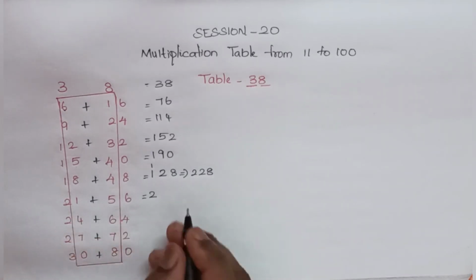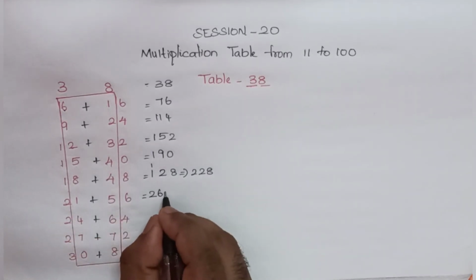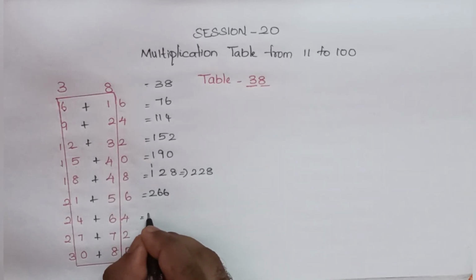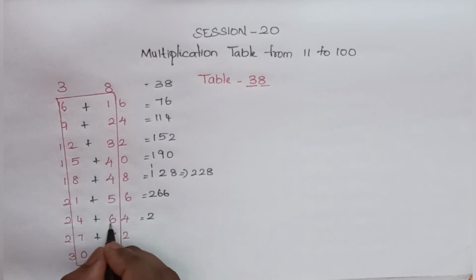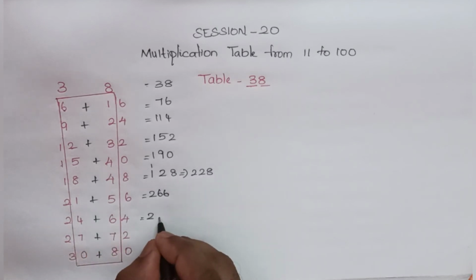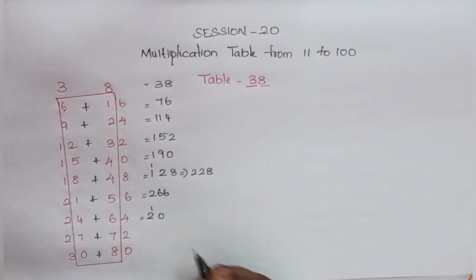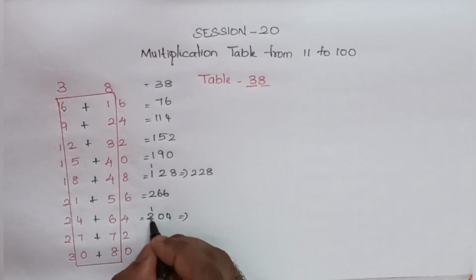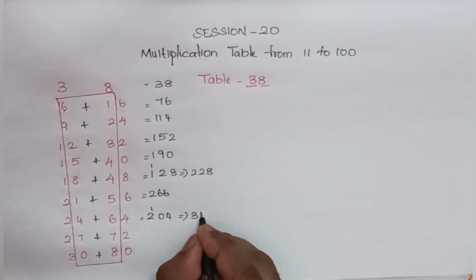Same manner. Put 2 here. 1 plus 5 is 6, and this is 6. 266. Then put 2 here. 4 plus 6 is 10. Put 0 here, 1 as a carry, and 4 here. So 2 plus 1 is 3. So 304.